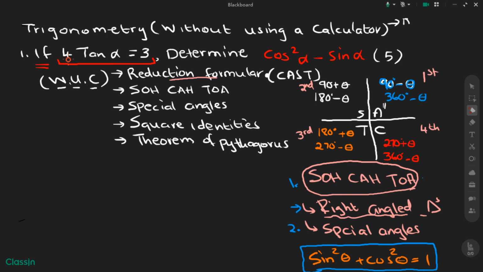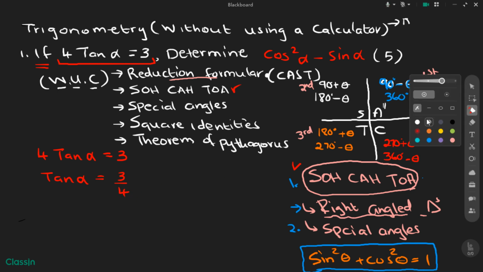So they give you 4 tan alpha equals 3. You are going to adopt SOHCAHTOA. So now we have 4 tan alpha equals 3, and tan alpha is equal to 3 over 4.